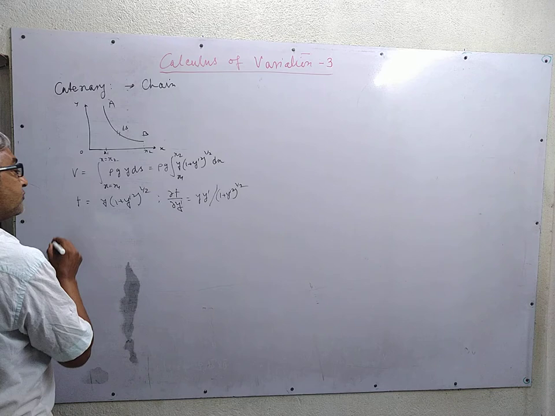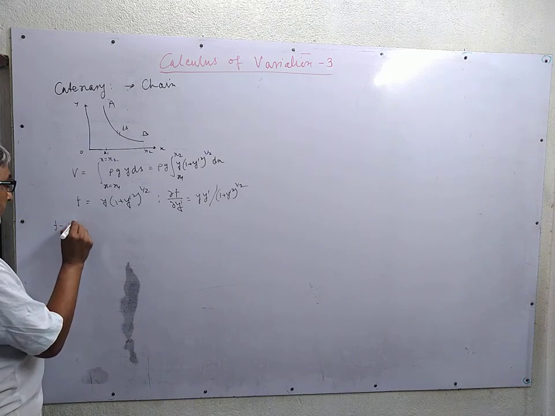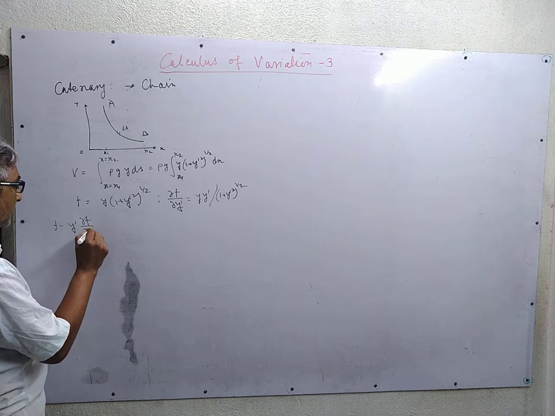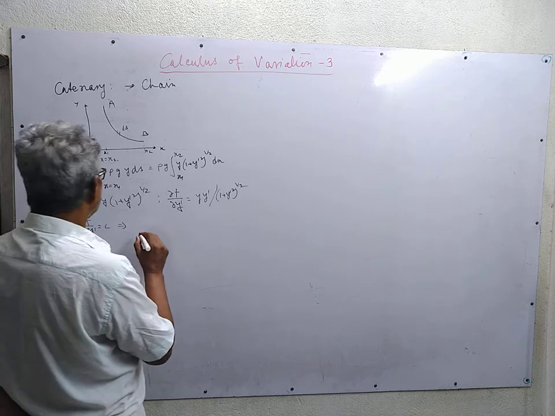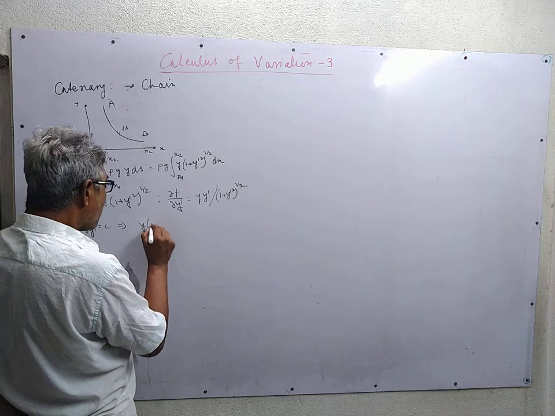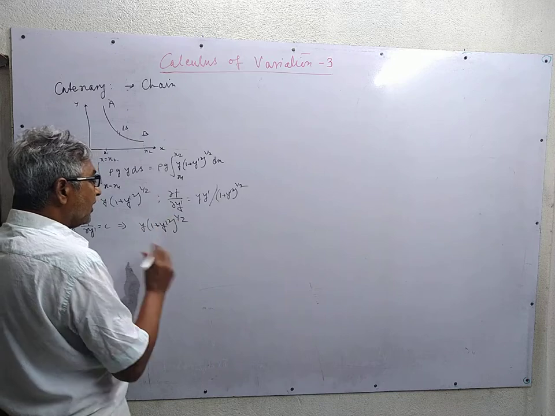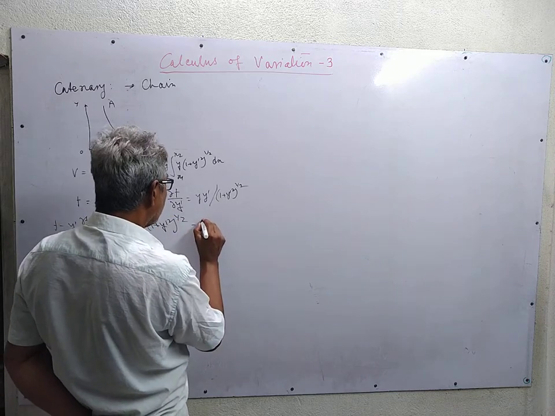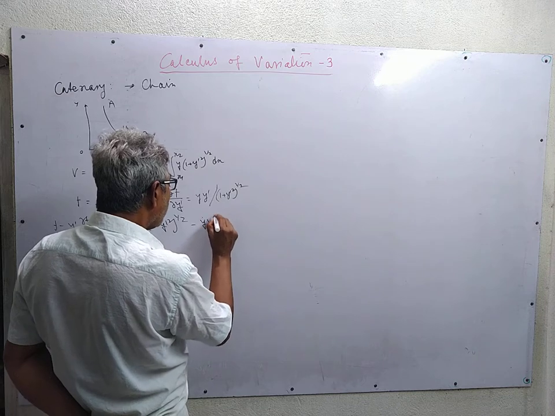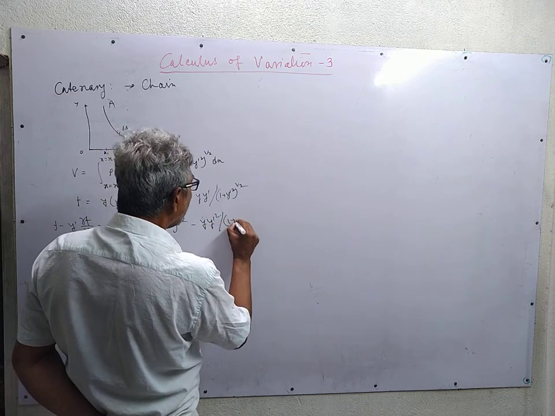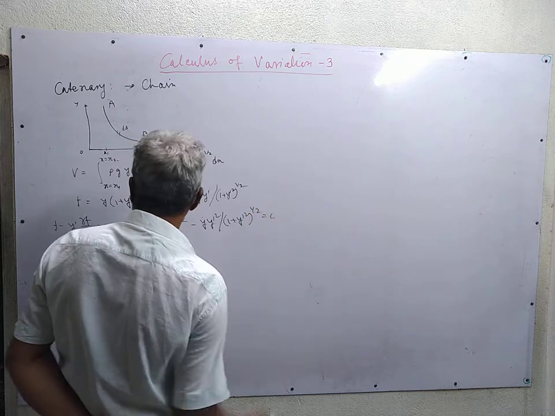Now the second form of the Euler-Lagrange equation is F minus y prime times del F del y prime equal to some constant c, which gives us, for F and for this part, y square root of 1 plus y prime square minus y prime square y over square root of 1 plus y prime square, equal to c.